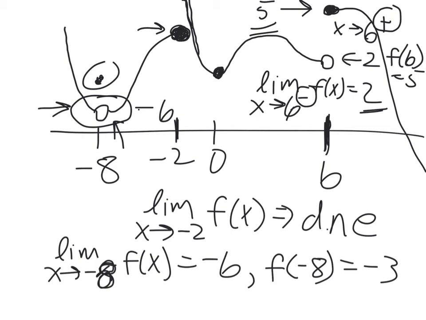Is it continuous or is it discontinuous? If it's discontinuous at a certain x value, is it removable or is it non-removable? And we can illustrate that from this graph as well. At -8, we said that we would have a discontinuity. Is that a removable or non-removable discontinuity?